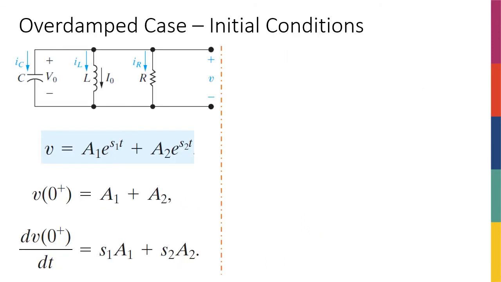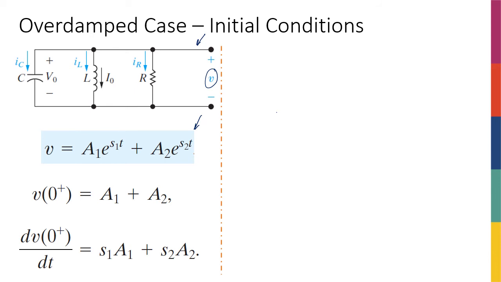Okay, so let's go back to our original question. We started with this circuit and wanted to find the expression for V for t greater than 0. We wrote the KCL and found the differential equation. We found that the solution to the differential equation is in this form: a1 e to the power of s1t plus a2 e to the power of s2t.